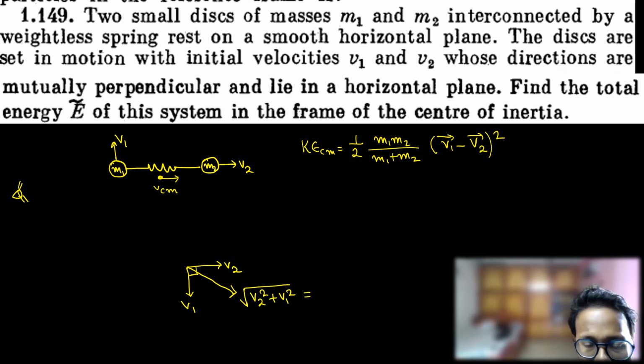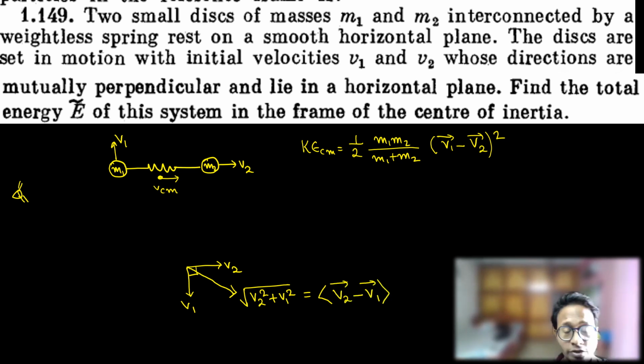It is equal to the magnitude of v2 vector minus v1 vector, minus v1 vector because I have reversed the direction of minus v1. So can I substitute this parameter out here? Do not get confused between v1 minus v2 and v2 minus v1.